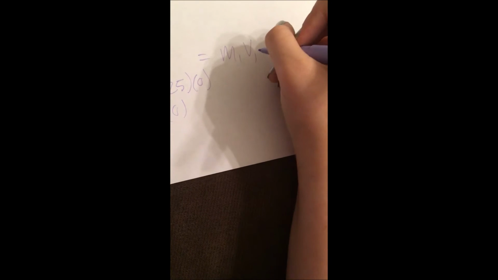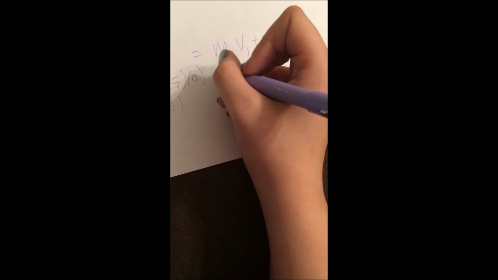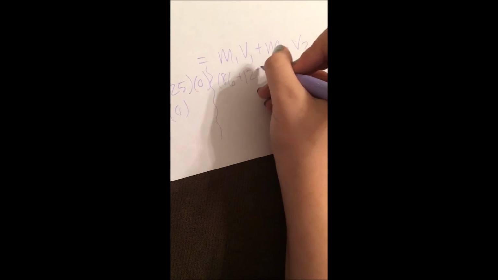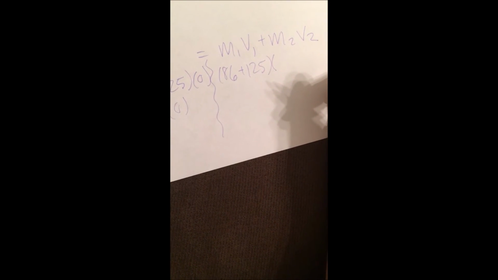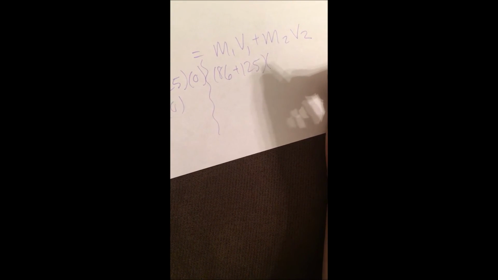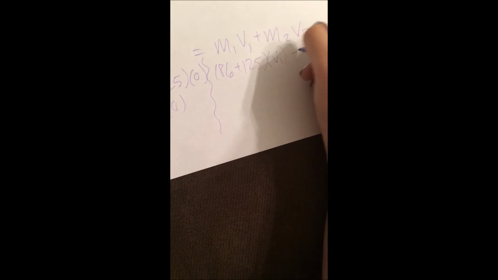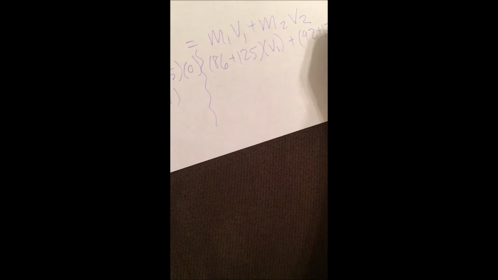So, we have again m1 times v1 plus m2 times v2. We have the same masses, but this person is now going at an unknown speed, and this person is going at a speed of 1.4 meters per second.